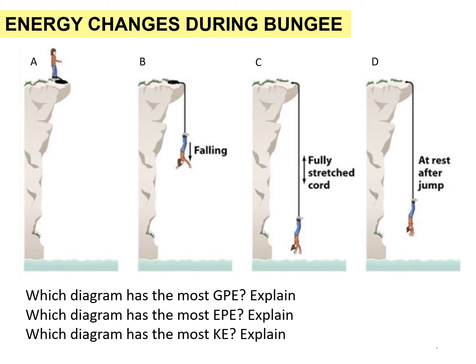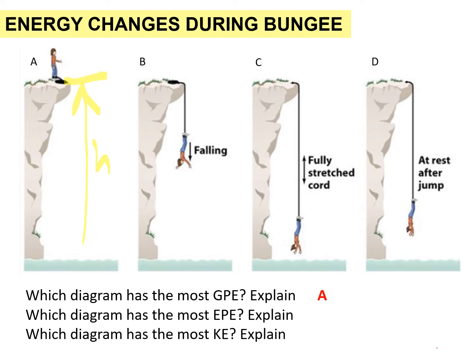Okay, let's consider the energy changes in a bungee jump. So there are 4 different situations here, and which diagram has got the most gravitational potential? Well, that must be A, because they're the highest. Biggest height, therefore the biggest gravitational potential. They're not moving, so no KE.